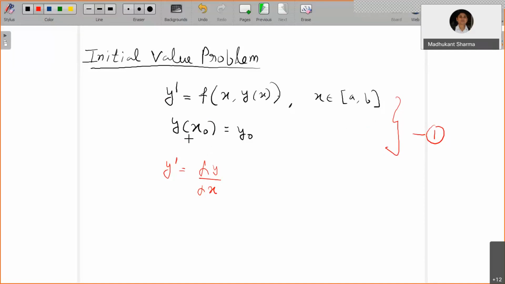Or maybe one is in terms of y at x naught and another in terms of y dash at x naught, or maybe a mix of them. So there are various ways to define the boundary conditions for boundary value problems.